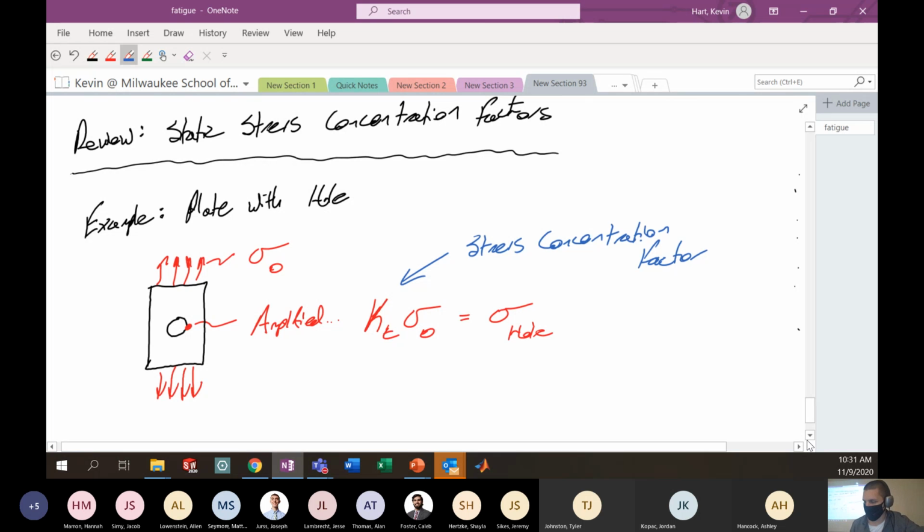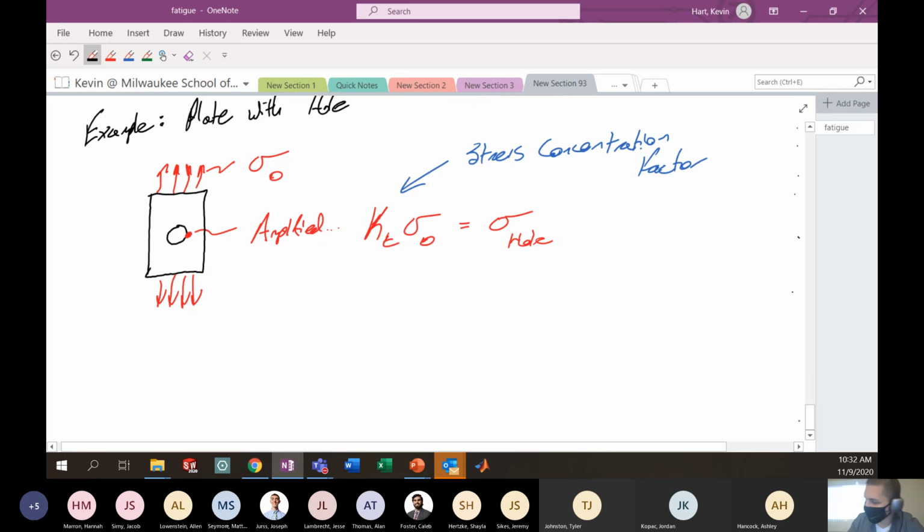In this particular situation, the maximum value KT could take is 3. It's a known theoretical solution. But there are charts and tables in the backs of books everywhere that tell you, if my plate is this wide and my hole is this big, what is the amplification factor around the hole?